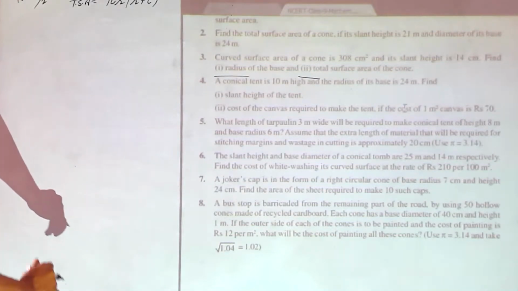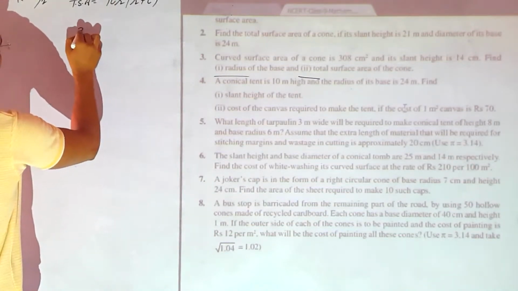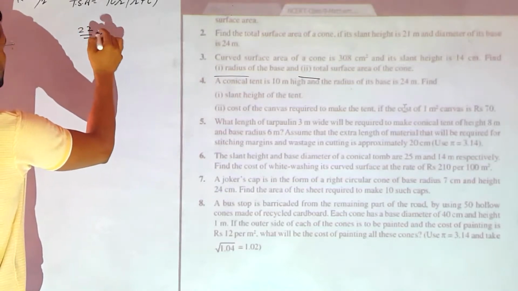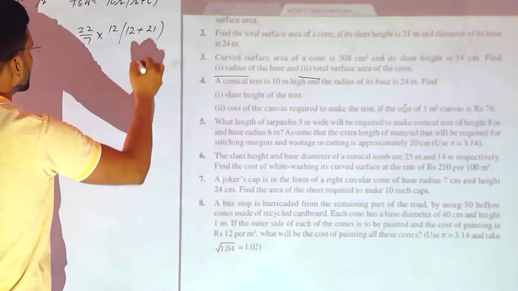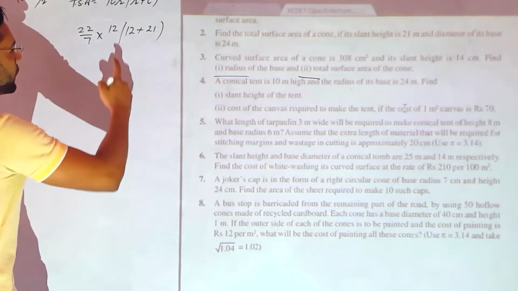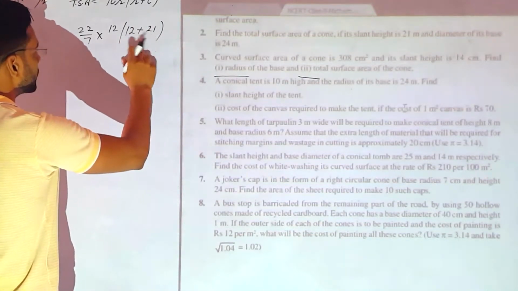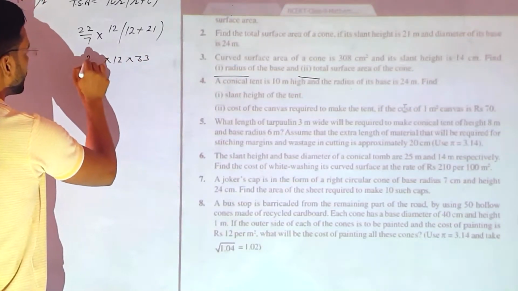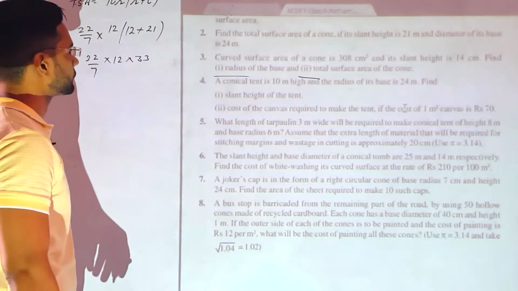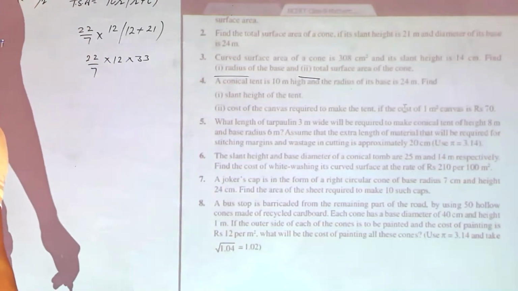Total surface area is equals to pi, 22/7, r is equals to 12 and L is equals to 21. How much? 33 into 12 into 22 upon 7. Okay.